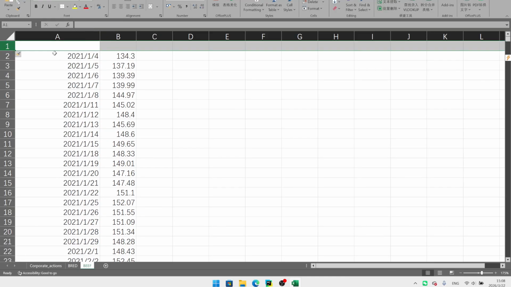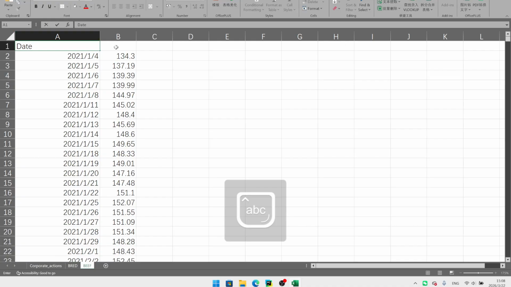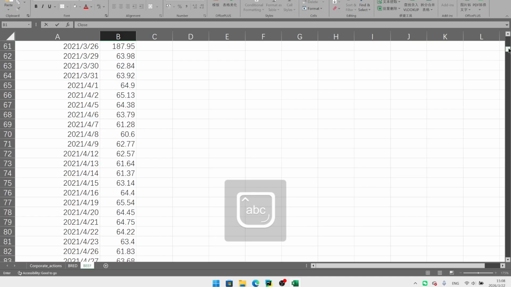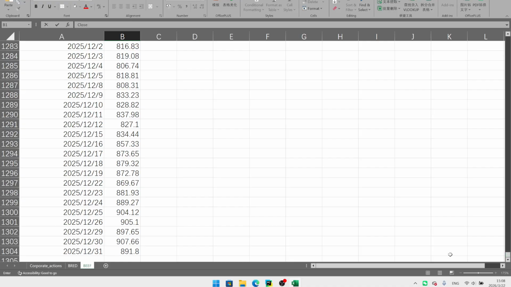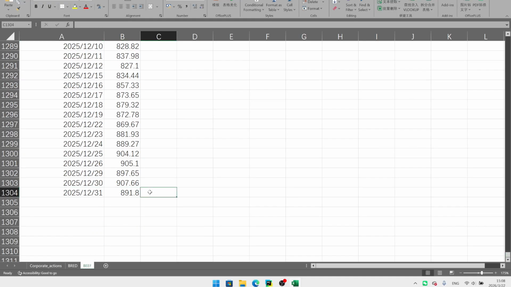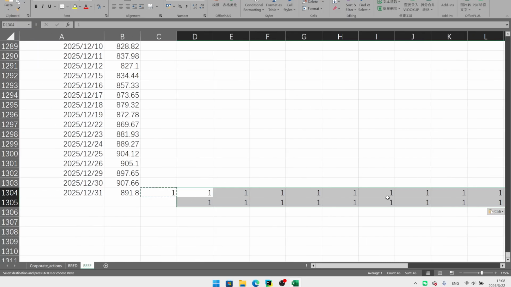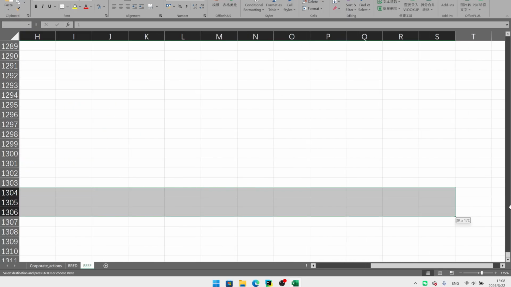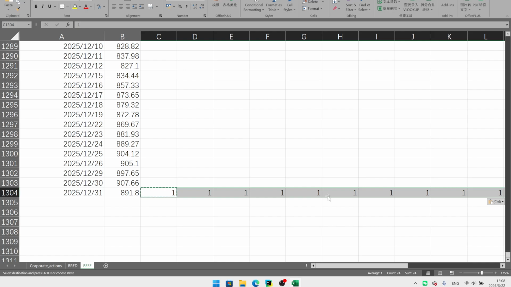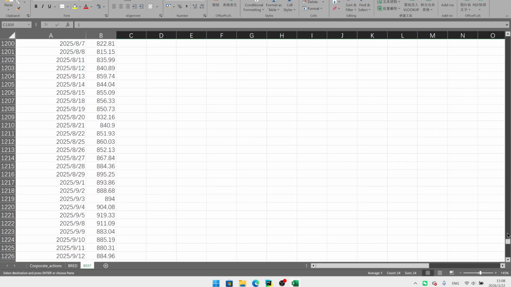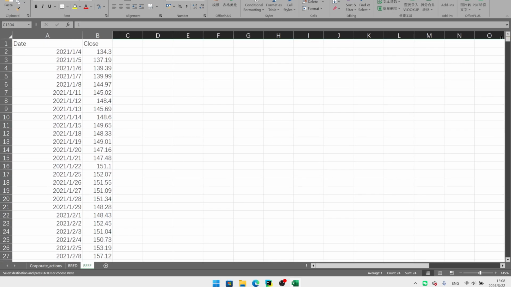So we insert the date, and the next one is the close, and we need to find the last one. It has 1000 numbers, so I think it will extend to XYZ. Let's use Control. So it is the beef.